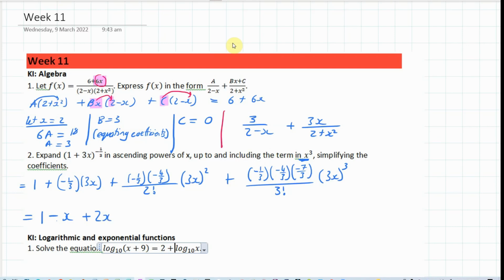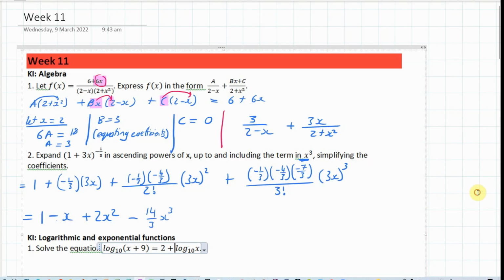And I'll work that all out. And then the last one, oh gee, what is this? Times all over 3 factorial multiplied by, that's 27x cubed. So I'm getting negative 14 over 3 x cubed.